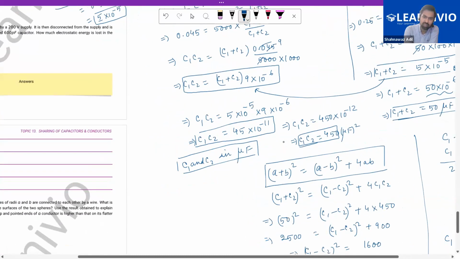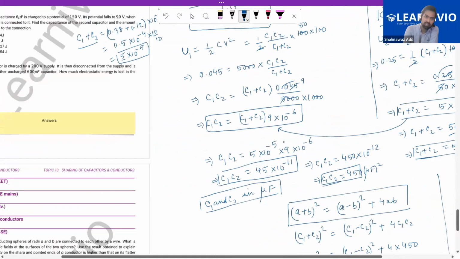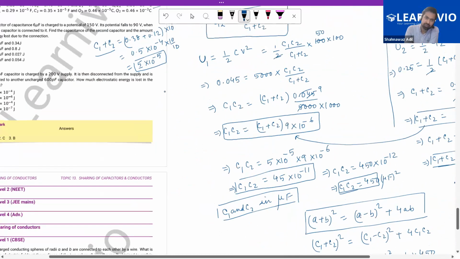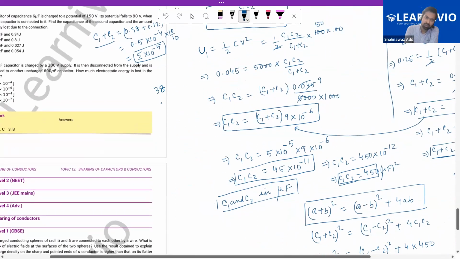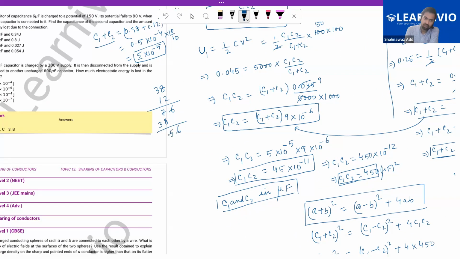C1 and C2 is also correct. What is 38 into 12? How much is this thing? So I guess there is 5, 6.